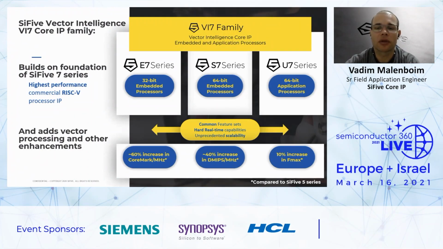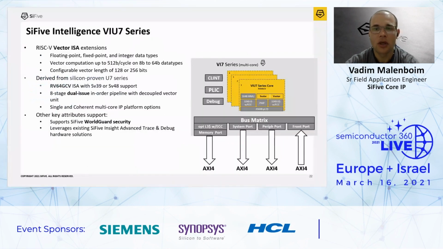Shifting to the vector-enabled core, the first vector-enabled core is built on top of the high-performance and production-proven 7 architecture. This gives the flexibility and robustness needed for high-performance vector-enabled products. Looking in depth into the vector-enabled 7 core, the core to which the vector extension was added is the U7 application core.